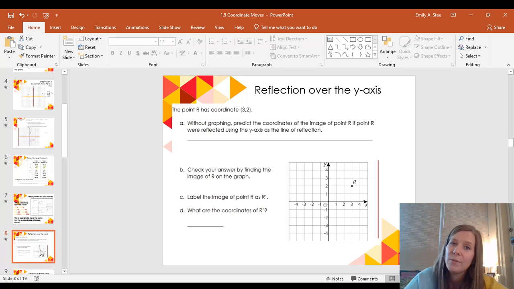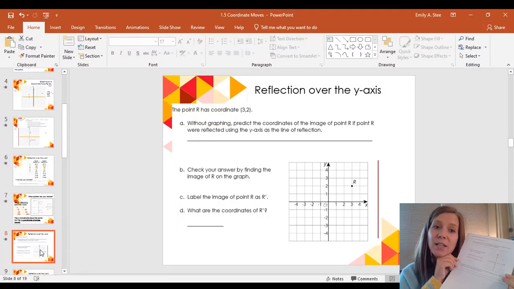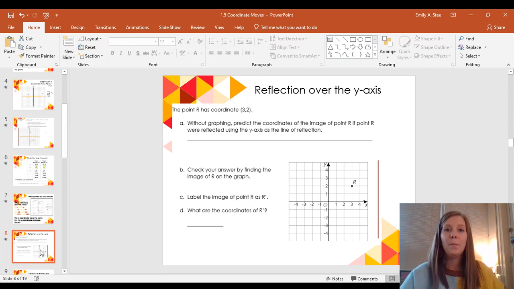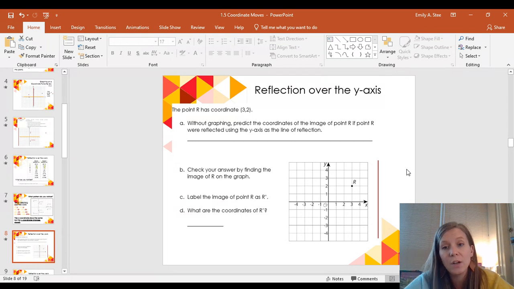Now we're going to look at reflecting over the y-axis. This is on the back side of your worksheet as well. We have been given a point R, which has a coordinate of 3, because we went over 3 on the x, and up 2. Now, without graphing, it wants us to predict the coordinates of the image of point R if point R were reflected using the y-axis as the line of reflection.